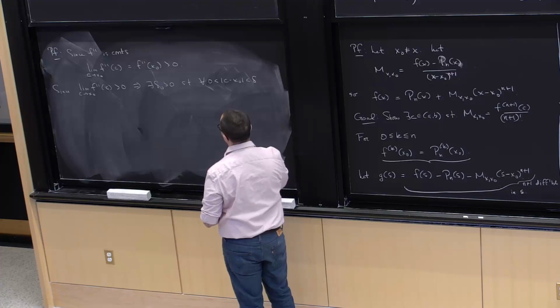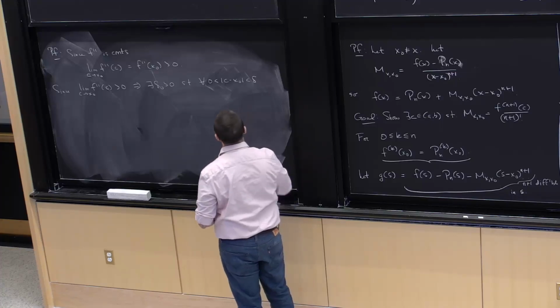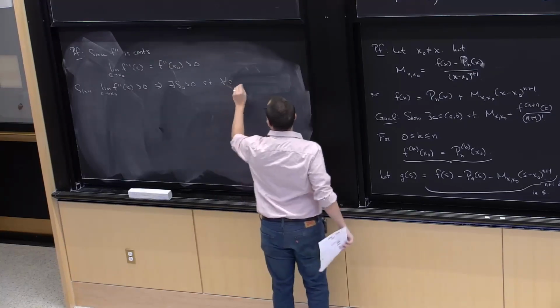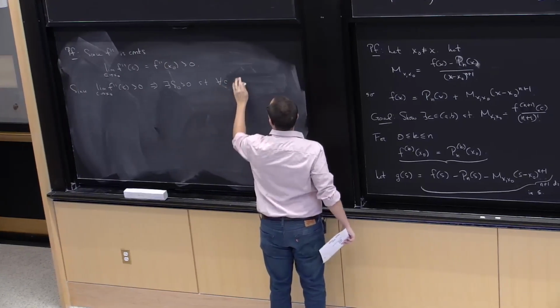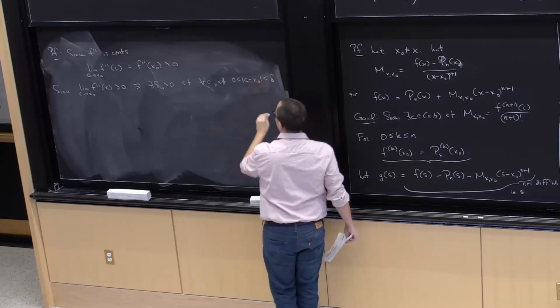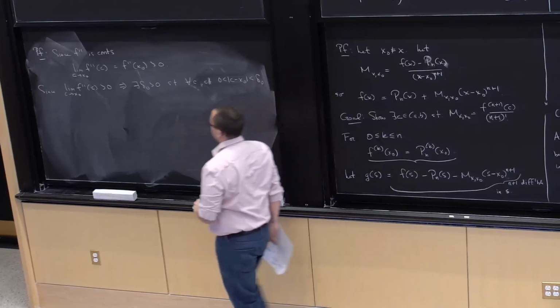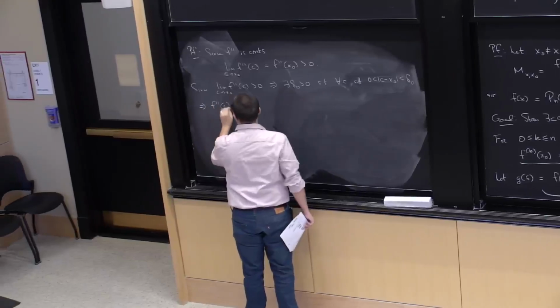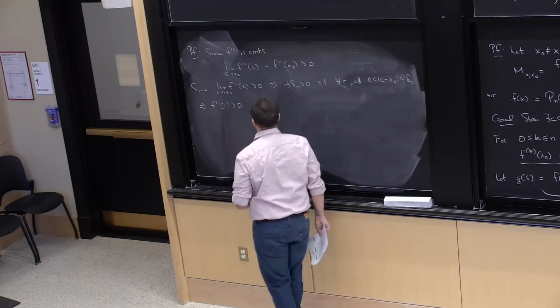There exists delta 0 positive such that for all c satisfying this, we get that f double prime of c is positive, right?